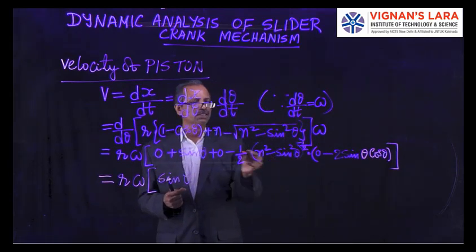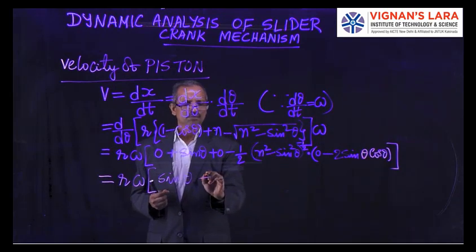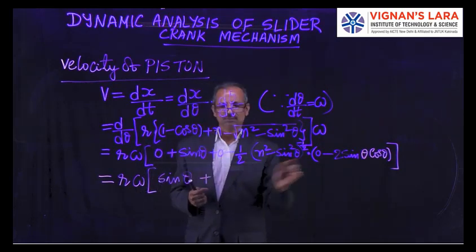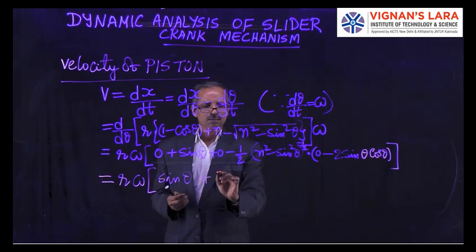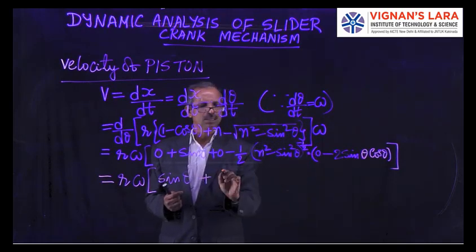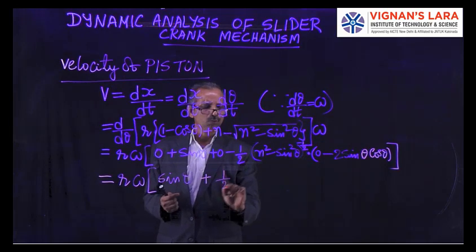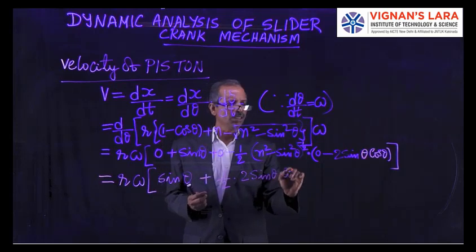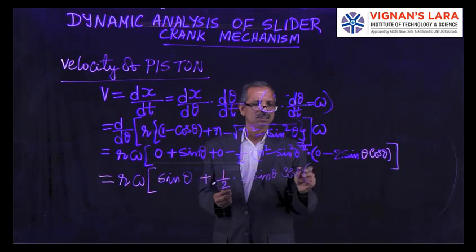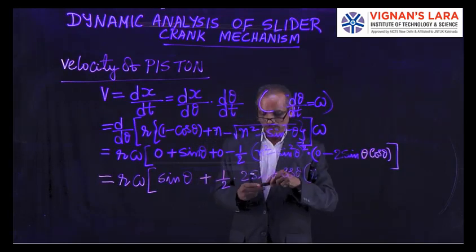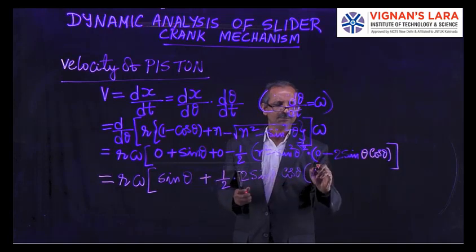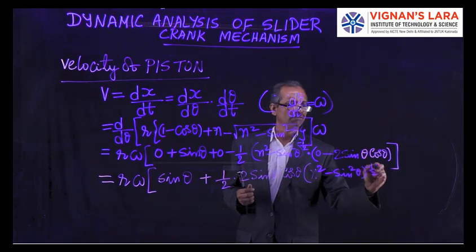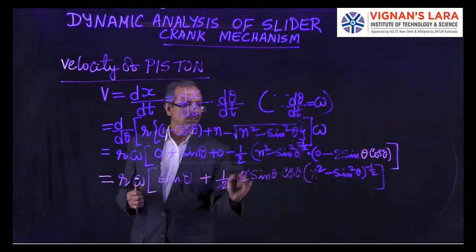So minus of minus is plus, and the 2 gets cancelled. So 1 by 2 minus into minus plus 1 by 2, then 2 sin theta cos theta into n square minus sin square theta whole to the power of minus half. So this gets cancelled.